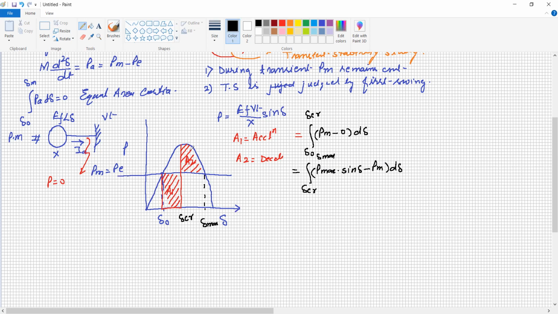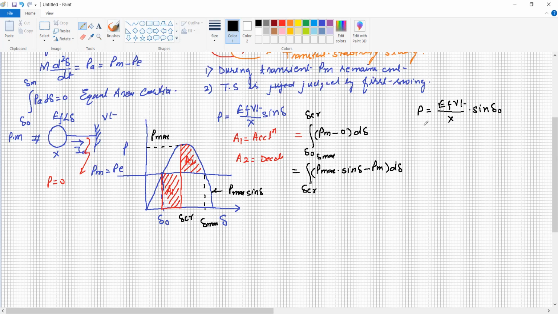So what are the different values? This is the P maximum. And at any point, we can represent this as P maximum into sine delta, anywhere over the curve. And what is delta 0? Delta 0 can be calculated from this simple equation, EF Vt upon X into sine delta 0, because it is the initial condition.